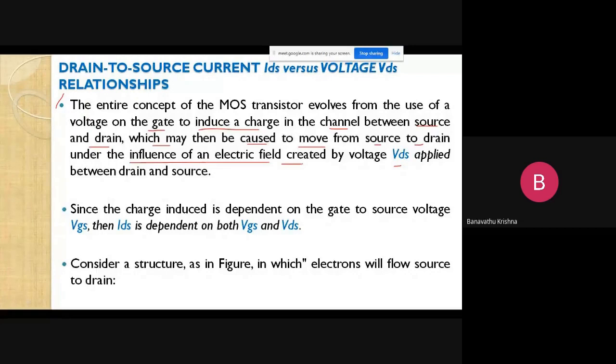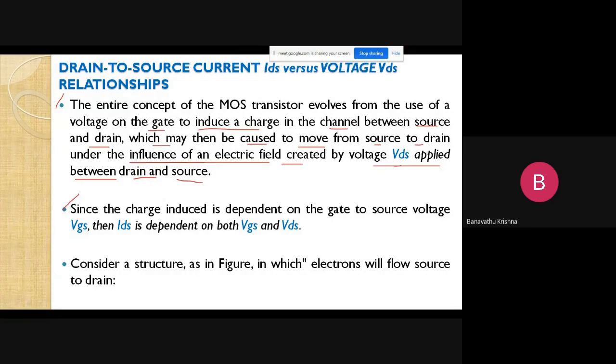That movement of charge carriers from source to drain occurs due to the applied voltage, which is nothing but VDS. So due to this voltage, the charge carriers' movement occurs between the drain and source.